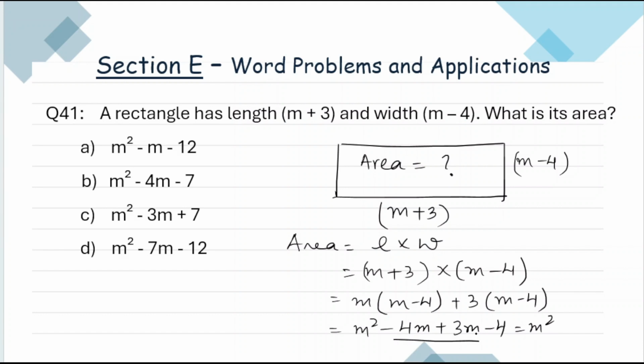Negative 4m plus 3m are the like terms, so it will give me negative 1m or just negative m minus 3 times 4 is 12. My bad, this is 12. Okay, let me erase it and write it. So this was 12. So m square minus m minus 12, and option A is our correct answer.